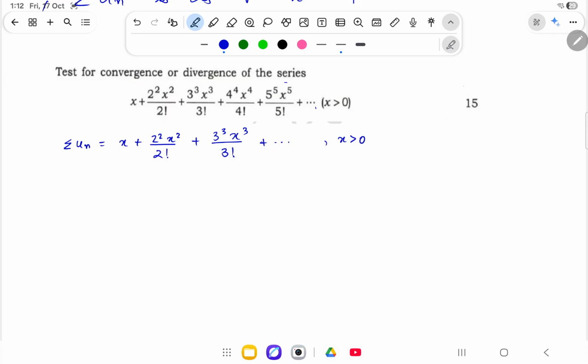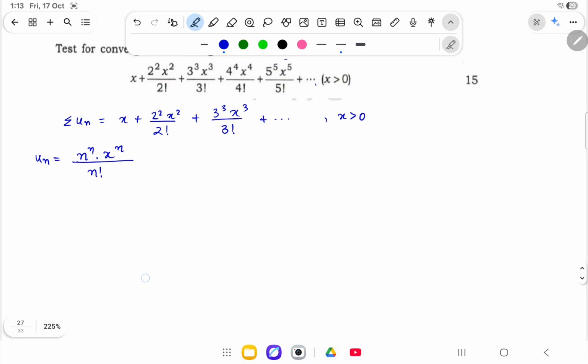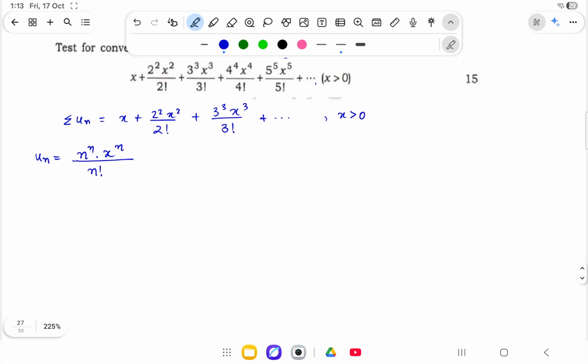If I write the general term, un will be n raised to n times x raised to n divided by n factorial. First let's use the ratio test to see if we can conclude something about the convergence or divergence. So let's calculate this limit, that is the limit as n approaches infinity of un by un plus 1.